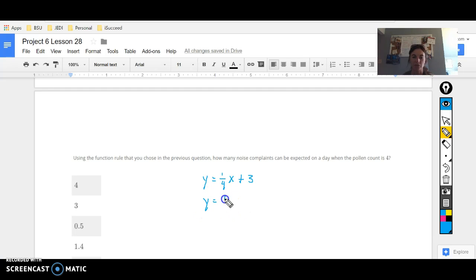So y equals 1/4 times 4 plus 3. All right, these 4's are going to cancel out, so I'm going to be left with y equals 1 plus 3, which is indeed 4. And that makes sense because we found that point on the line.